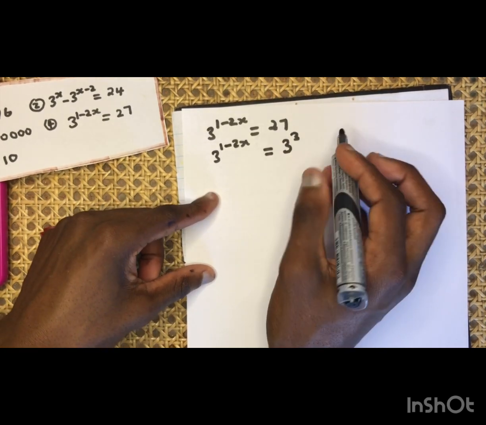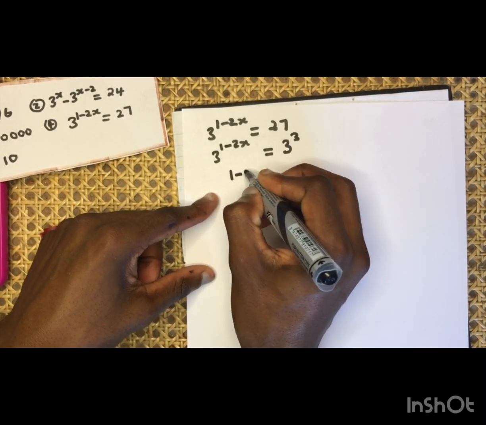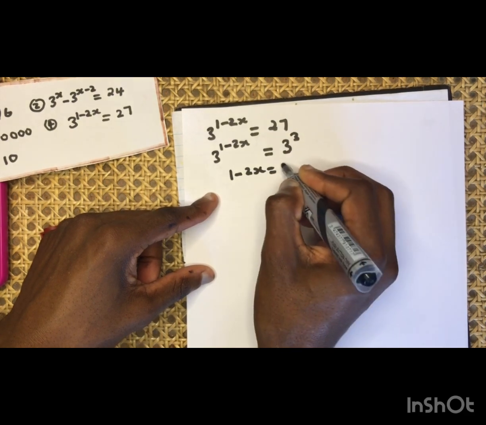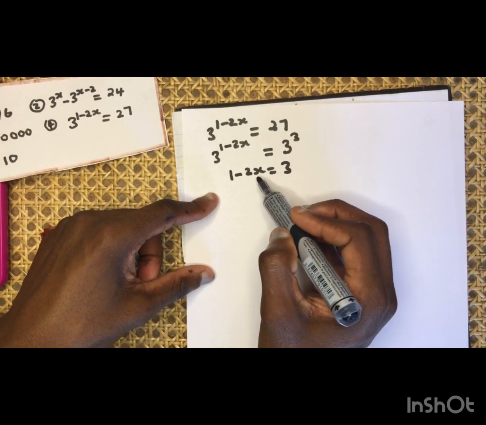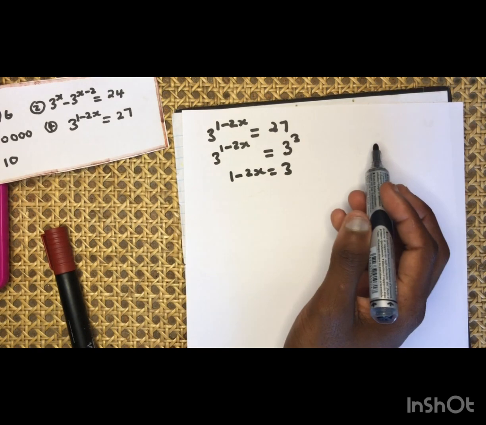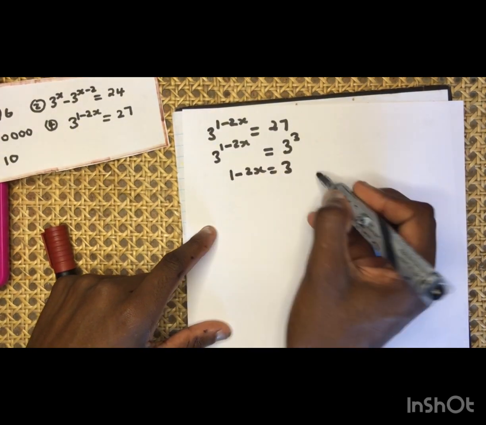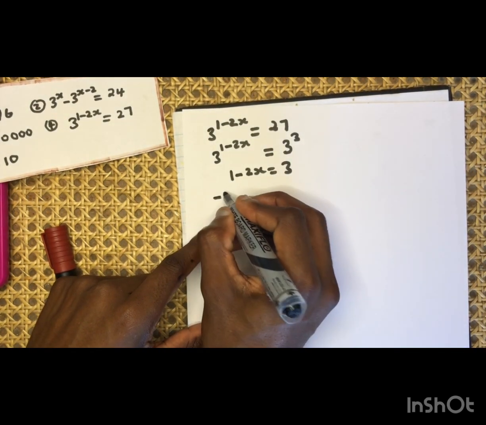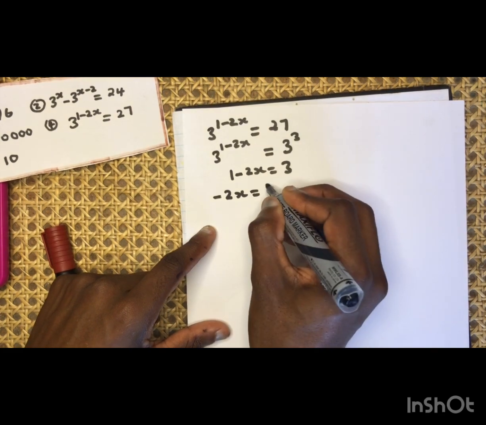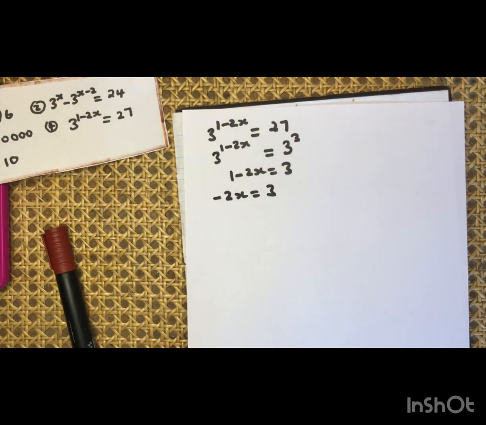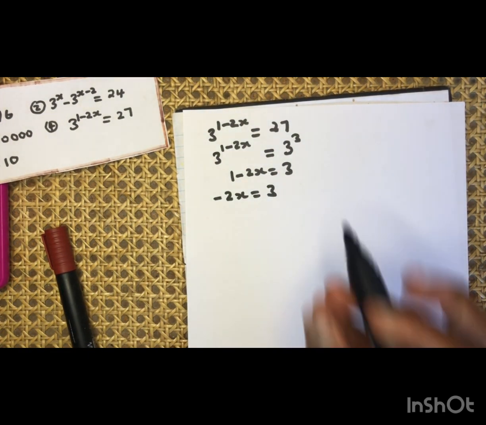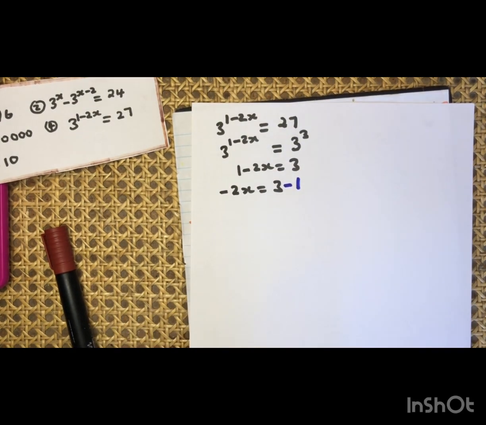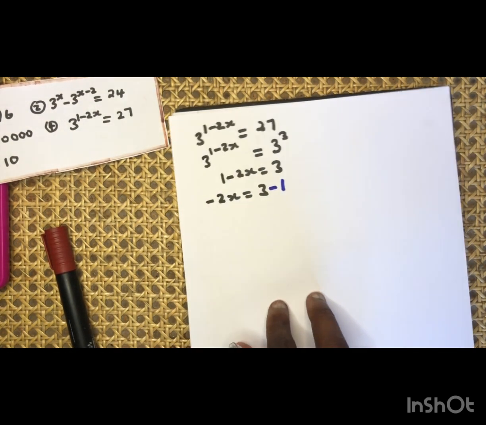Now you equate the what? The exponents. So it's 1 minus 2x equals 3. So you just transpose, guys, positive 1 to that side. So if you transpose positive 1 to the right side, we are left with negative 2x here. Then you have 3, then if you transpose positive 1, the sign is going to change to become negative 1. Are we together? Yes.